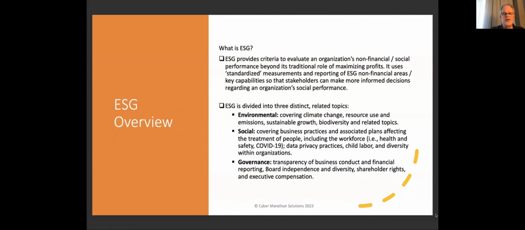So ESG really is a catchphrase for a number of areas, some of which are already being addressed today in our business practices. The big takeaway from my perspective when we talk about ESG is around the environmental and social aspects of ESG.